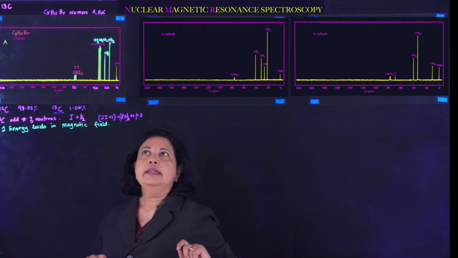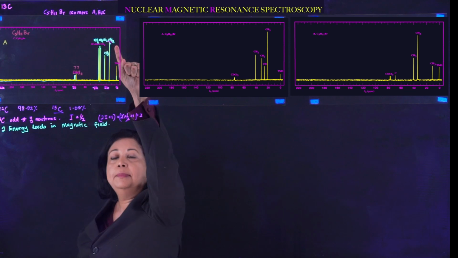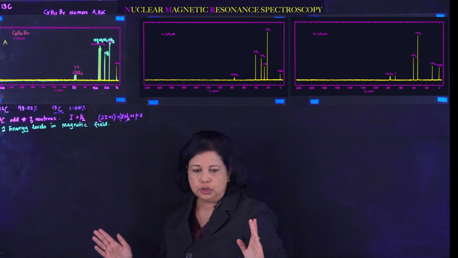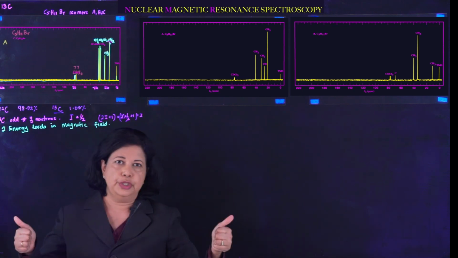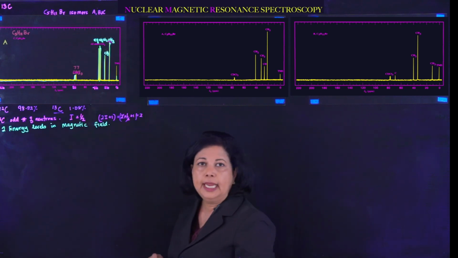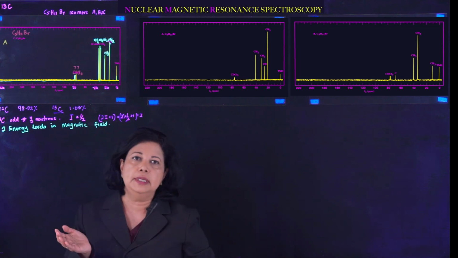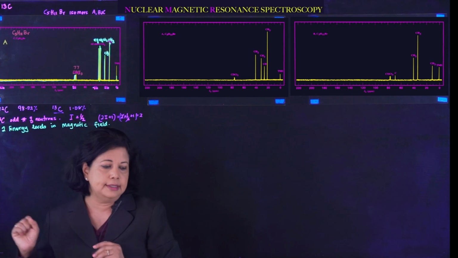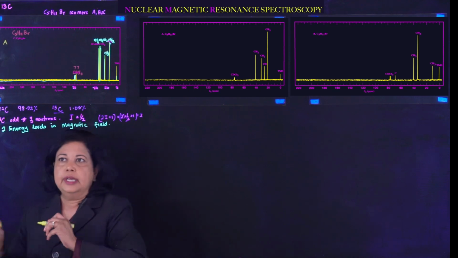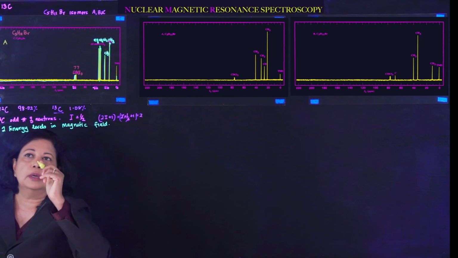Another very important thing about carbon-13 spectra is the spin-spin coupling between carbon and hydrogen. So in carbon-13 spectra, carbon and hydrogen have I equal to half, and they do obey the N+1 rule. Here, we can see splitting of carbon by hydrogen at certain frequencies, and we have a technique for doing that. There are actually two very important techniques, actually more than that, but let's just talk about two.